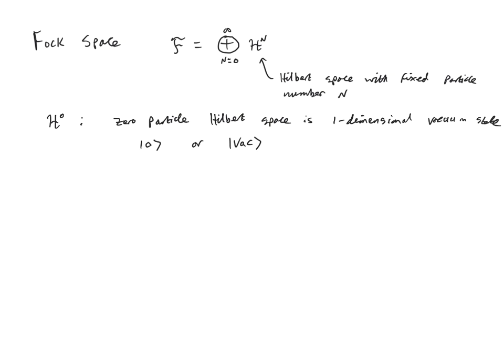If we have 2 degrees of freedom, 2 quantum orbitals, that is, then the states that span the full Fock space are precisely these n equals 0, n equals 1, and n equals 2 states that we saw before.